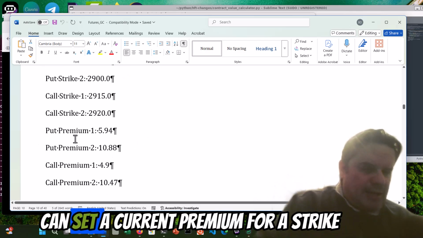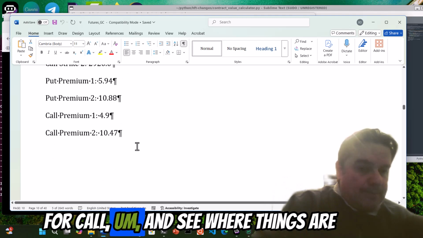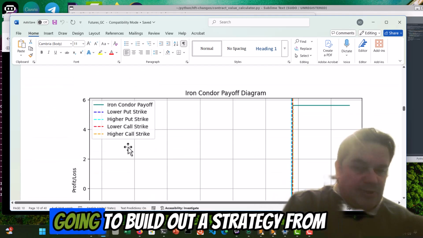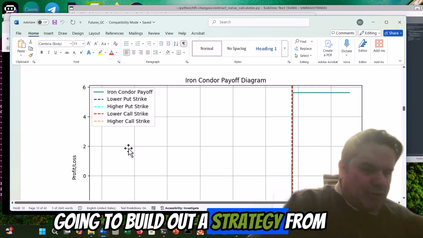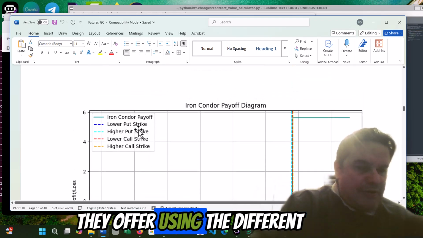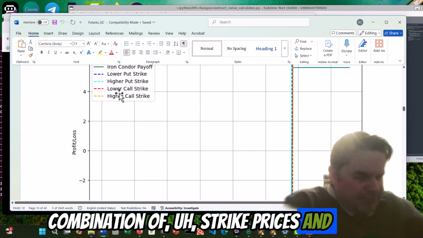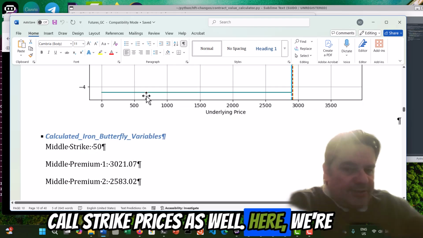So here we can set current premium, current strike of a call, and see where things are going. We can build out a strategy from that using the iron condor payoff, using the different combination of put strike prices and call strike prices as well.